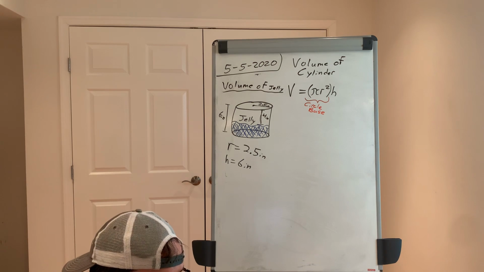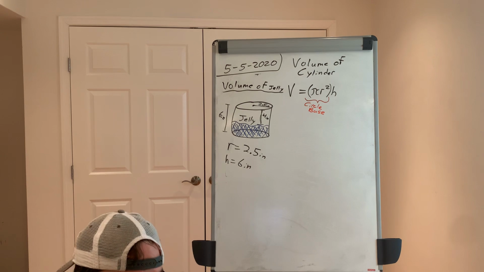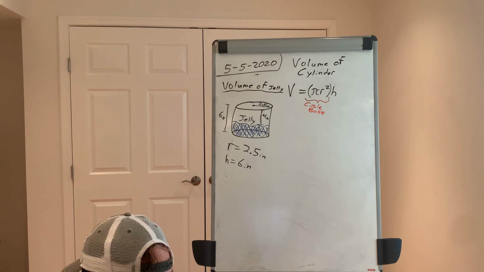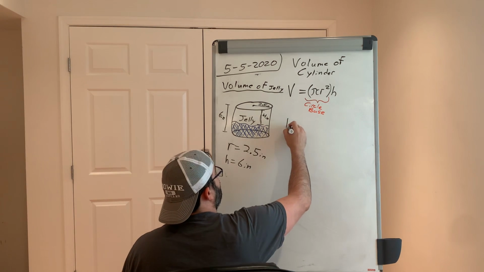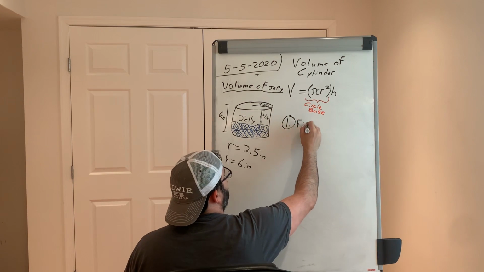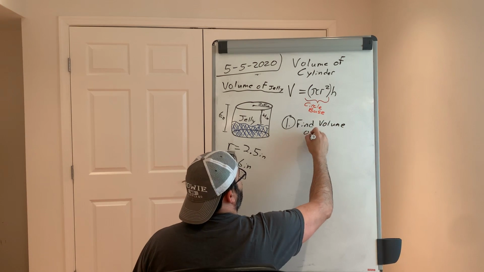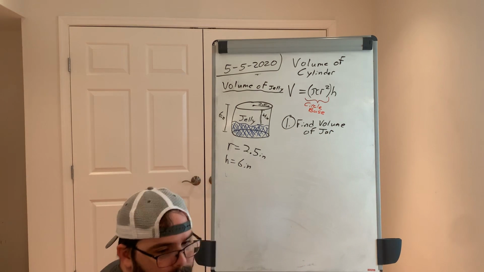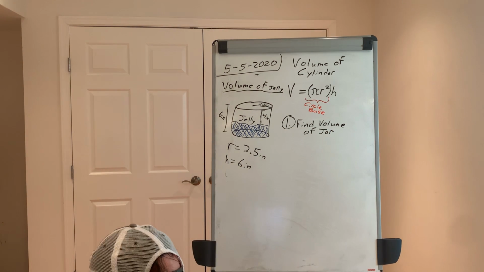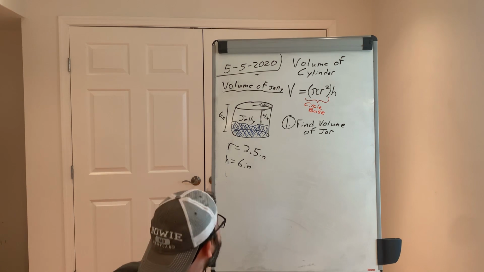Alright, so let's start out with the formula. First thing we're going to do is find the volume of the actual jar. Ignore the jelly. Then we're going to find the volume of the empty space.